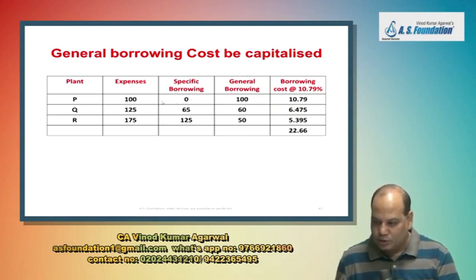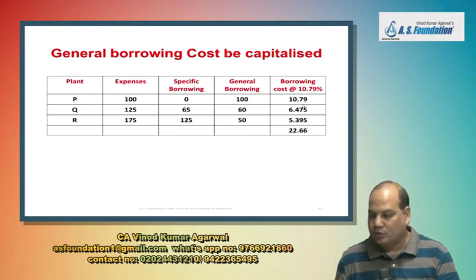Now understand this column. Out of this total expenditure, we'll assume that specific borrowing is first used for these expenses. The remaining amount we'll assume is funded out of general borrowing. 100, 60, 50, and multiply by this 10.79%.